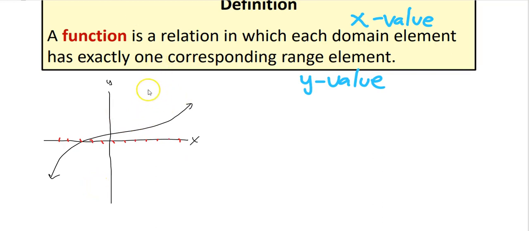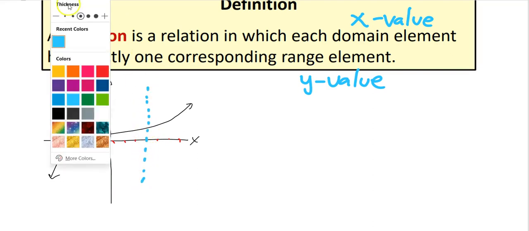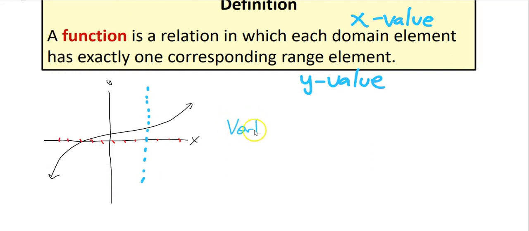We also want to look at it in terms of the vertical line test, which you'll remember from, I believe, chapter 13, it may be 14, but probably 13. Remember, you don't want to have something that crosses right here. So this is a function.